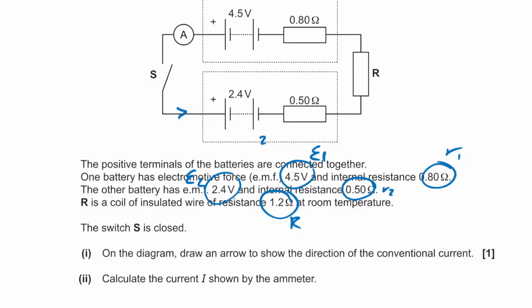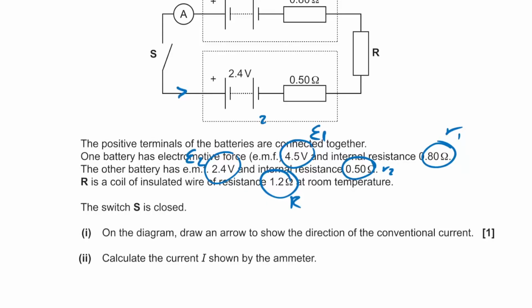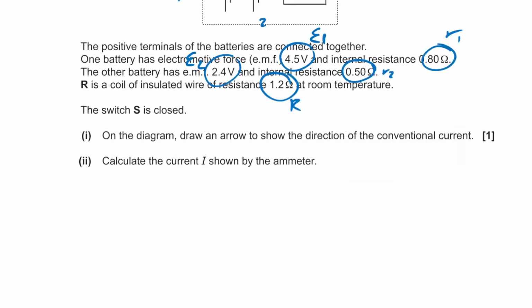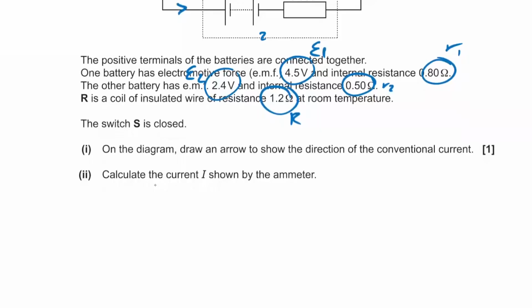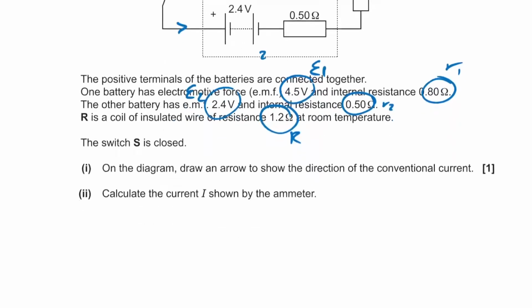Easy. Calculate the current I shown by the ammeter. Right, here we go. Okay, so we know that, oh, actually, this is easier than it looks, maybe. So we know that we have a total EMF of 4.5 take away 2.4. So that gives us 2.1 volts.